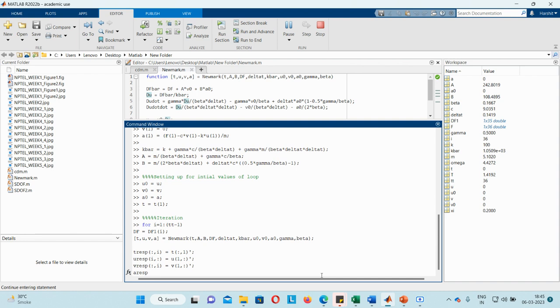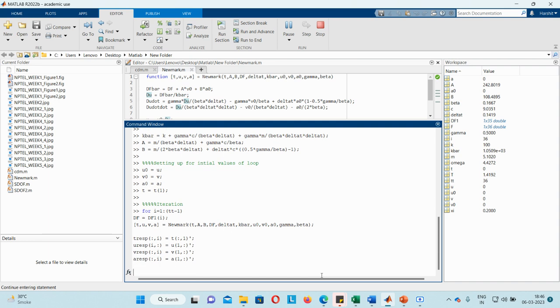And A response is nothing but the A value that we are getting. So why have we written this part of the code? Just to store the response values in a final matrix so that we can plot them later on.